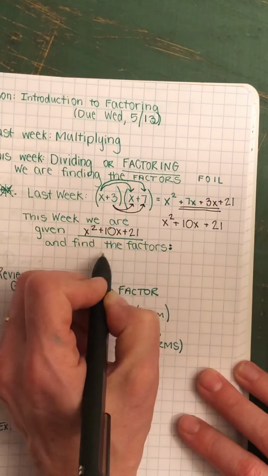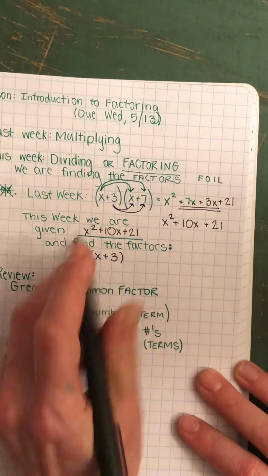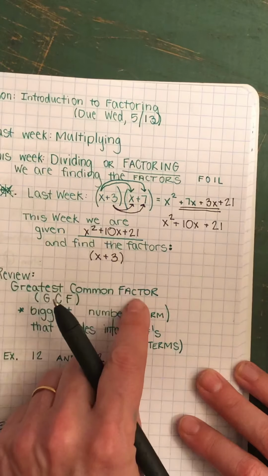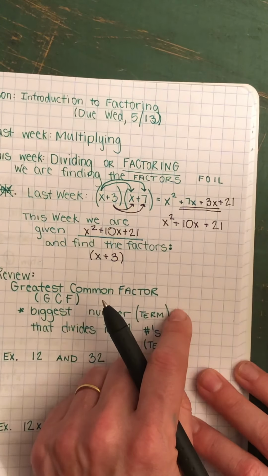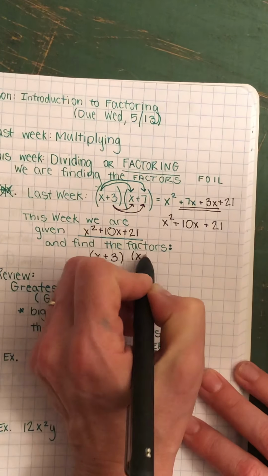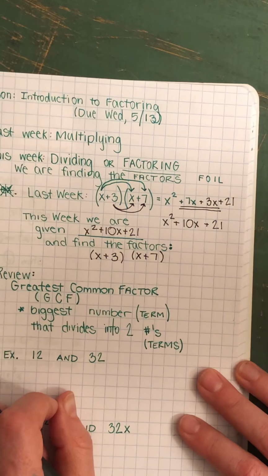We will find the factors. So that's one of the factors, because this actually can divide into this quadratic up here. And the other factor is x plus 7. So we're doing the reverse.